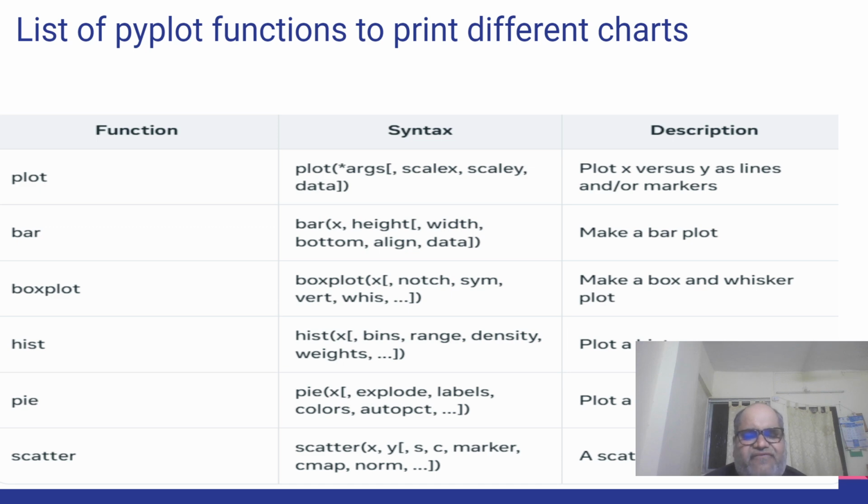You have explode, where inside a pie chart, part of the pie will come out, right? And then you have autopct, where by default it will print in percentage terms, and you can choose how many digits, so 0.2f or whatever, and then you have colors and some other aspects. A scatter plot across x and y, where you can try c, marker, cmap, and other things.